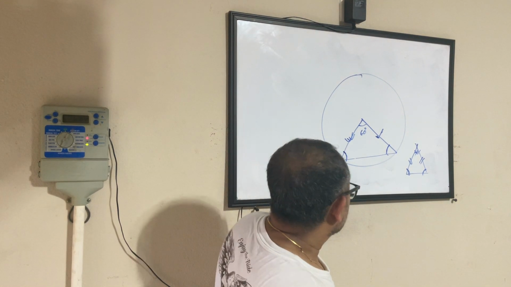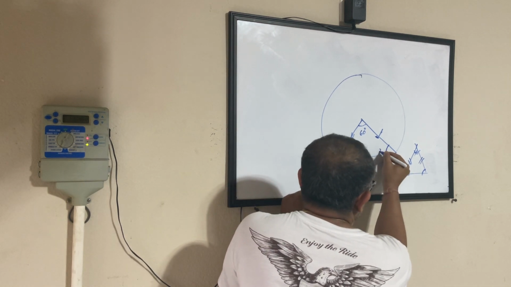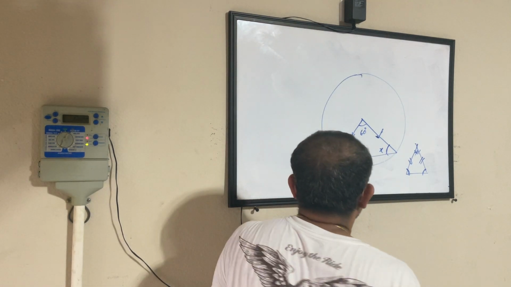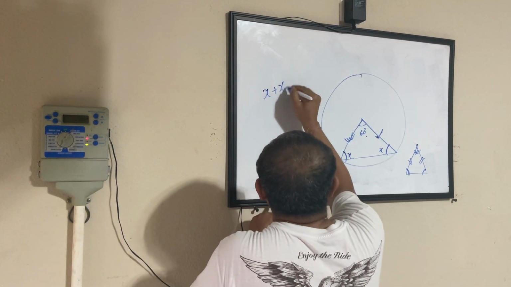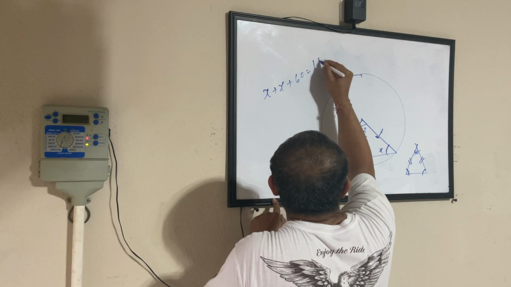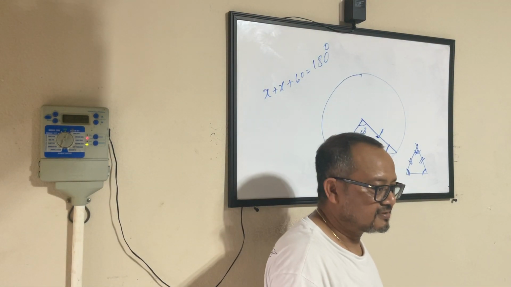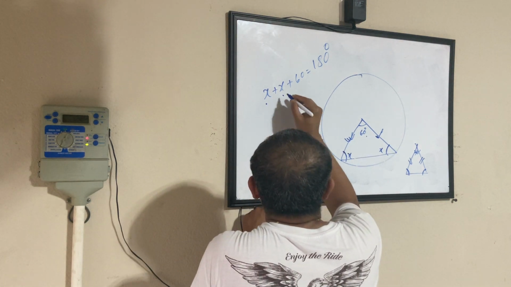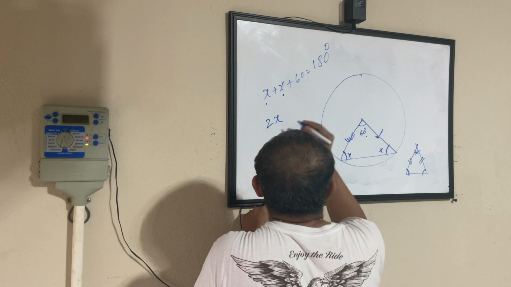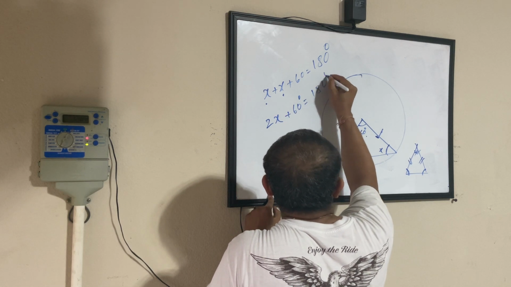Yeah. So now if these two angles are same, let's say this is x and this is also x. So x plus x plus 60 is 180 degree. Agreed? Now x plus x, 1 banana plus 1 banana, 2 banana, plus 60 is 180 degree.